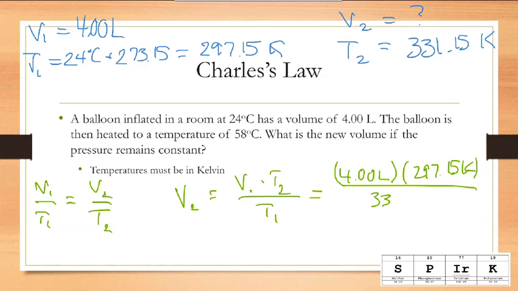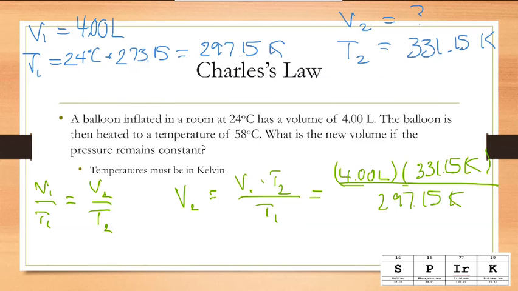I'm sorry, I'm getting mixed up here. This is why we need to make sure that we pay attention, because now we have T2 on the top whenever we rearrange that algebraically. So we have 331.15 Kelvin on the top, and we have 297.15 Kelvin on the bottom.